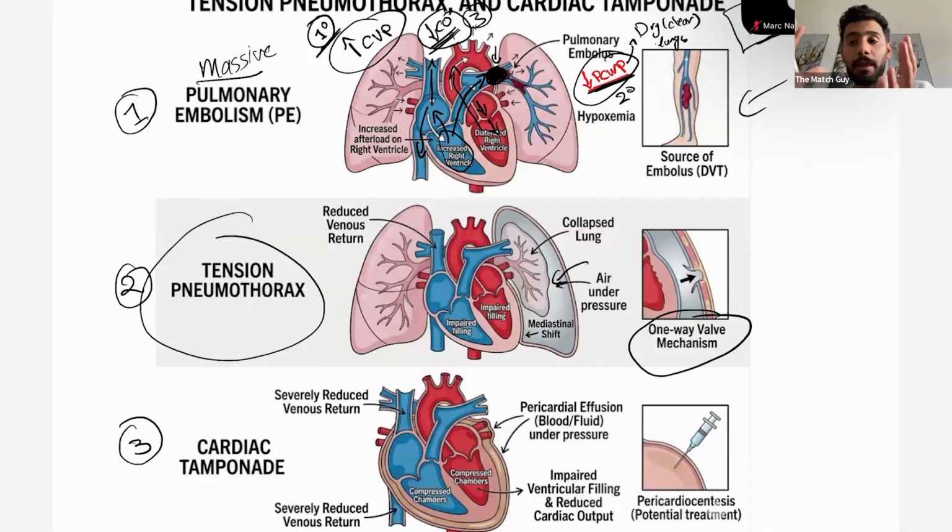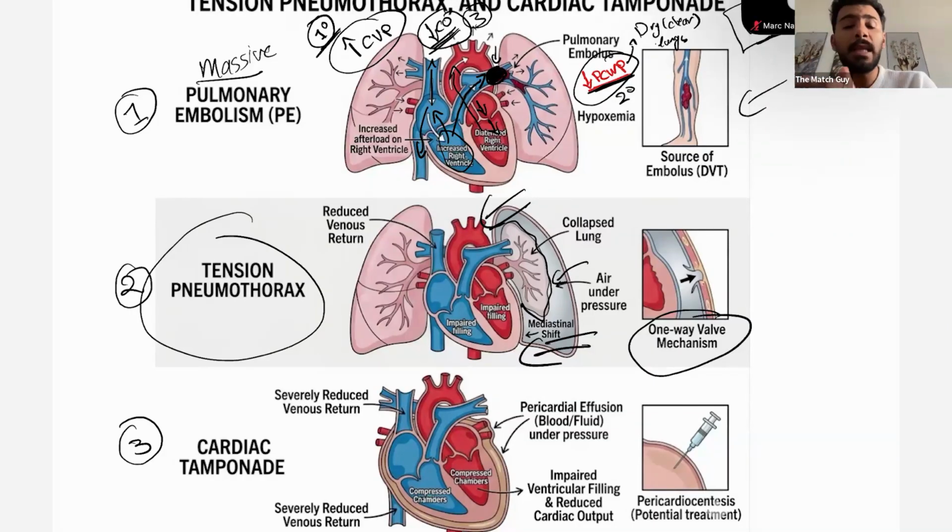So it's going to accumulate there, and then it's going to compress all of the structures that are found in the chest, including the lung. The lung is going to get smaller because it is compressed by all of the air surrounding it, and also we're going to be compressing the heart in the mediastinum, okay?